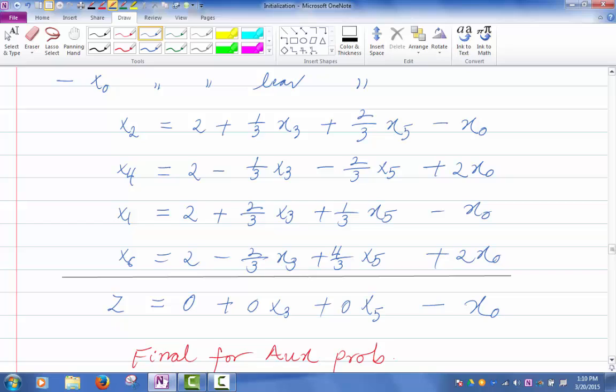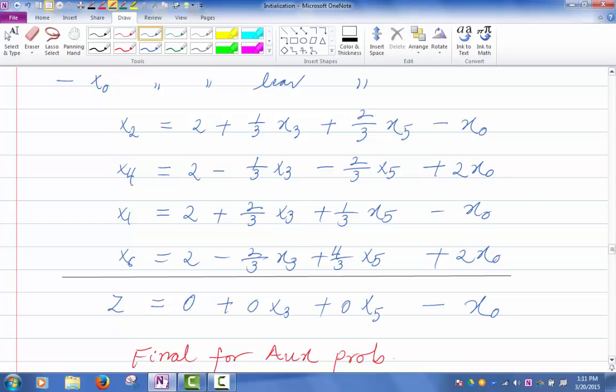Because x0 in the optimal solution is 0 for the auxiliary problem, we know that the original problem is feasible now, so we can write down the feasible dictionary for the original problem. And how did you do that? Well, you delete the column for x0 altogether, keep all the other columns, and you have to change z.